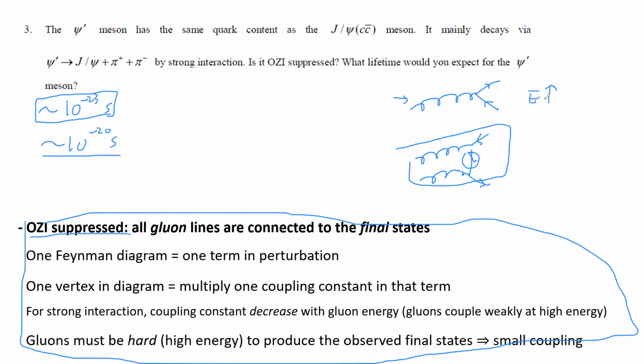And in strong interaction, when the gluon energy is high, that means the coupling constant decreases.